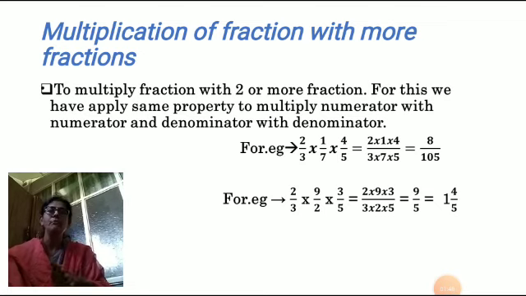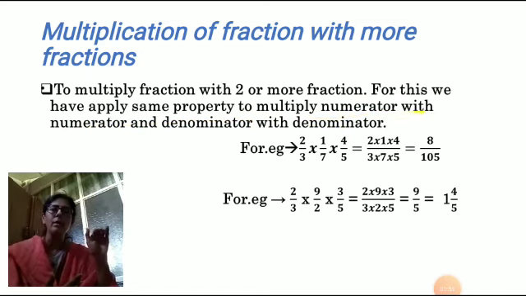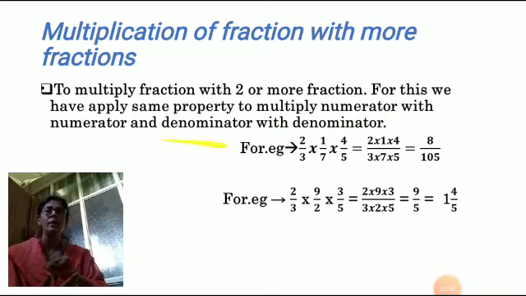Multiplication of a fraction with two or more fractions. To multiply fractions with two or more fractions, we apply the same property of multiplication. That means we multiply the numerator with the numerator and the denominator with the denominator, right? Here is an example. Suppose the fractions are 2 upon 3, 1 upon 7 and 4 upon 5.